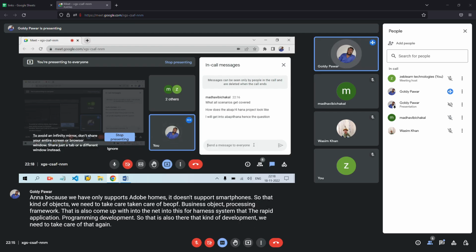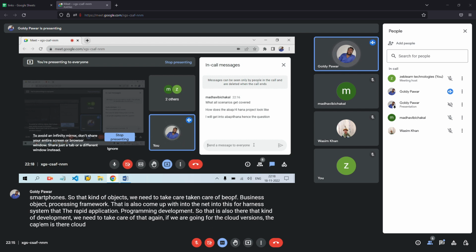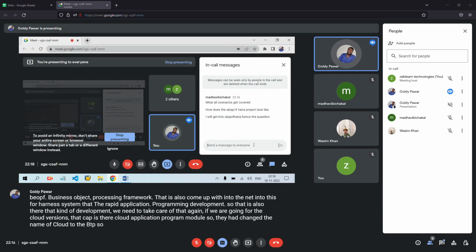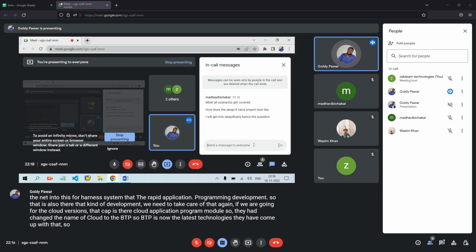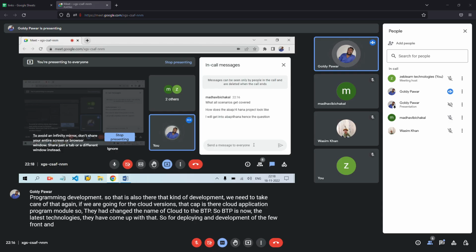Again, if we are going for the cloud versions, the CAPM is there, Cloud Application Programming Model. So they have changed the name of cloud to the BTP. So BTP is now the latest technology they have come up with, for deploying and developing your front-end applications as well as the backend applications with the help of the CDS views.